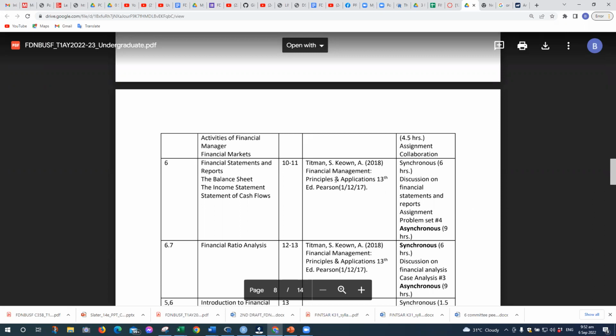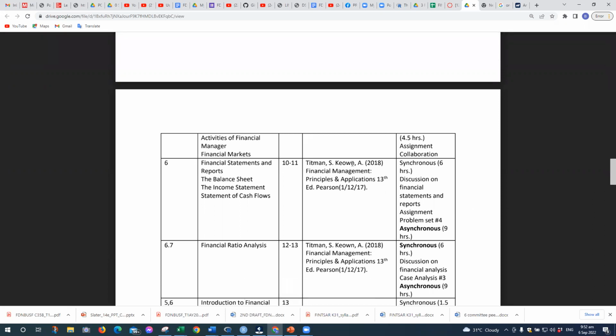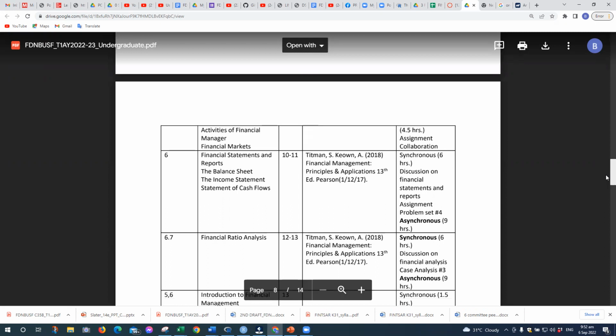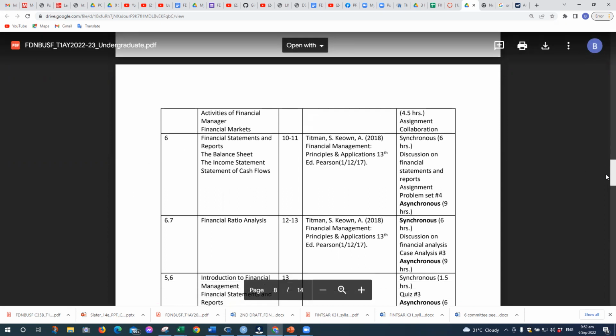For this one, we'll have a different reference. It's by Titman, Keown, etc. Again, you don't need to buy this. You can look for several sources on the internet.